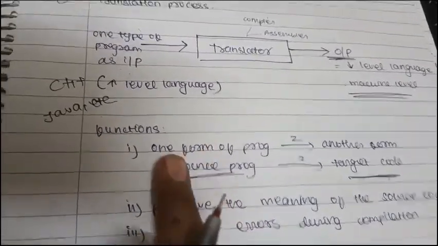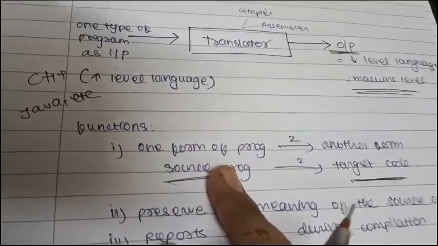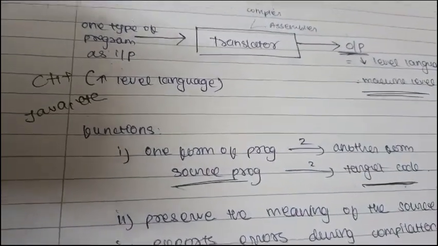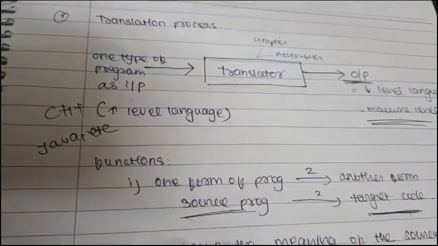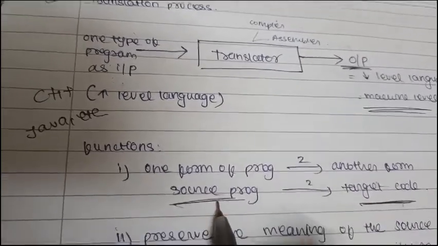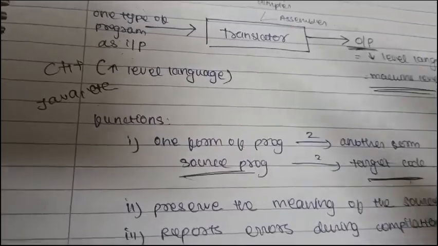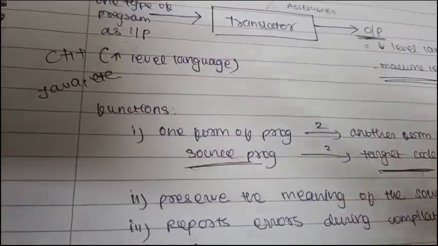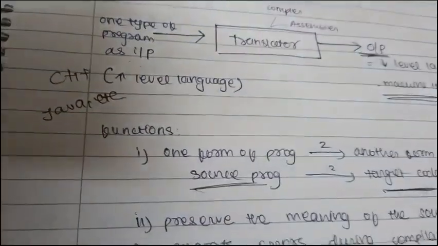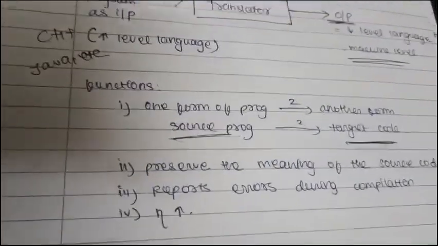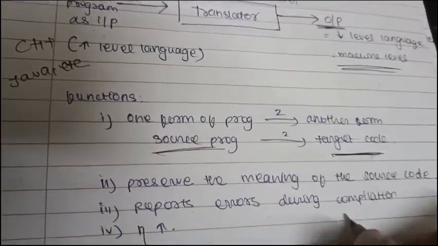Whenever you translate a program into another language, you must preserve the meaning of the source code, otherwise the functionality or meaning of the program will change. Then, report the errors during the compilation.